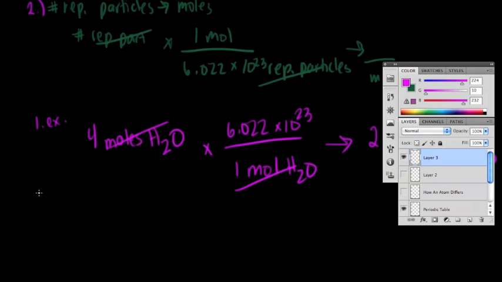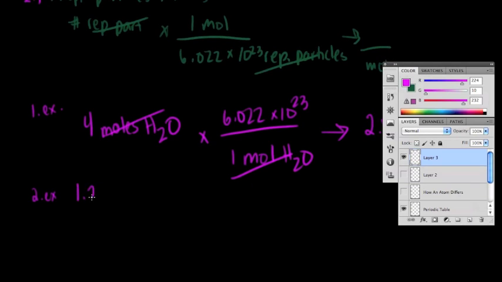And for the second property, which is just switched around, say we want to go from number of representative particles to moles. Representative particles will be atoms, and say I have 1.2 times 10 to the 24 atoms of iron.